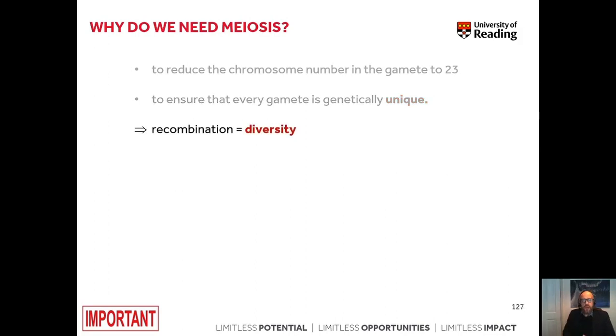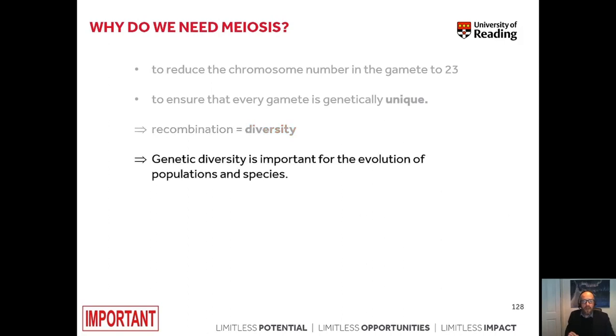Meiosis also ensures recombination, and this makes diversity. Diversity is actually very, very important, not necessarily at the individual level, but at the level of the population. This is quite evident if you think, for example, about the immune system.